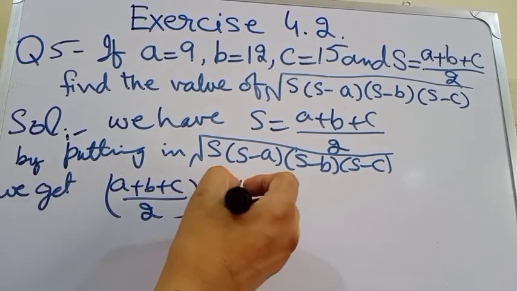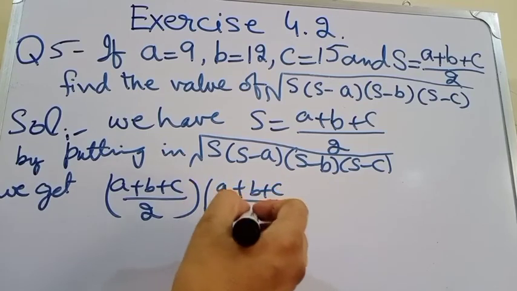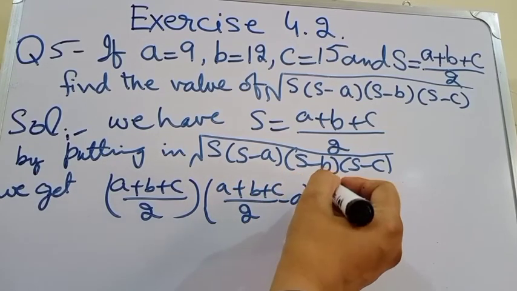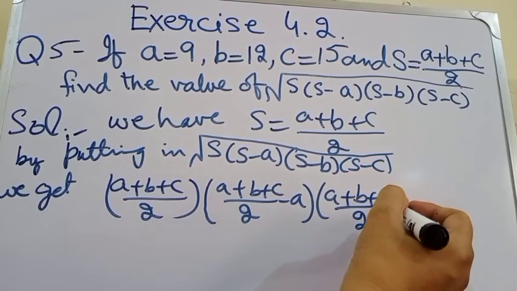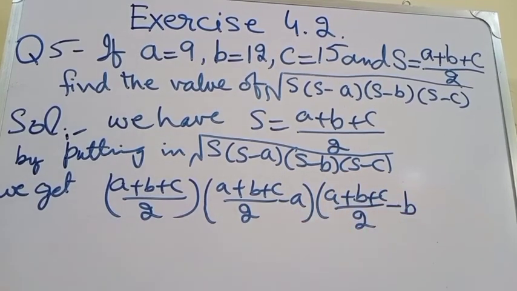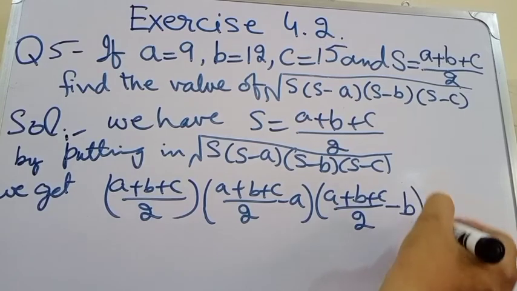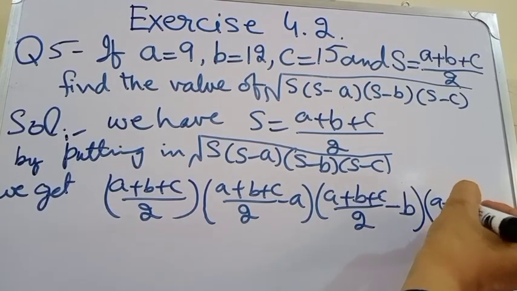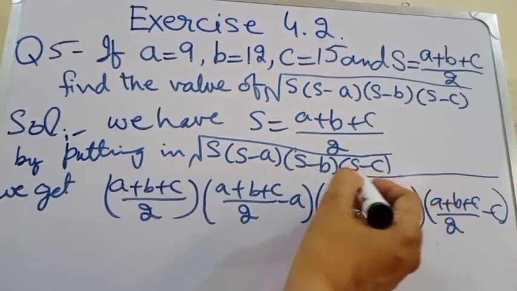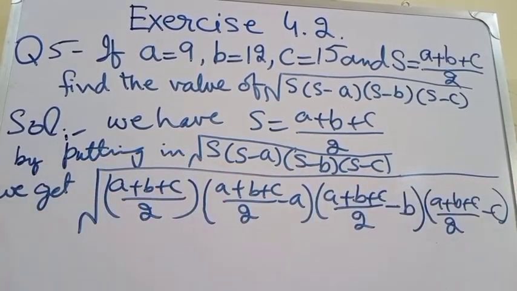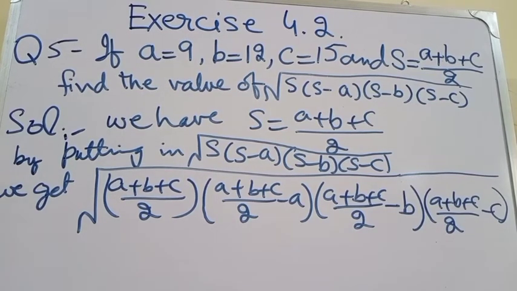Next, A plus B plus C divided by 2 minus A, A plus B plus C divided by 2 minus B, A plus B plus C divided by 2 minus C, and this is under the root.